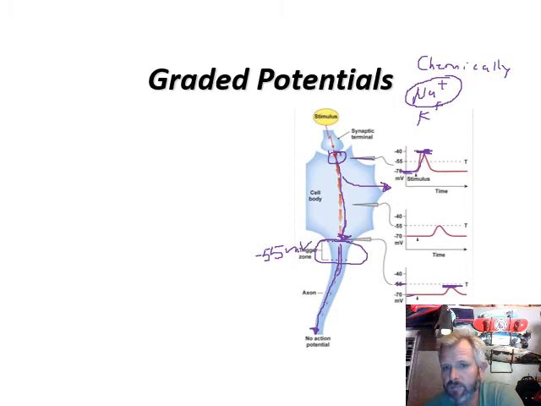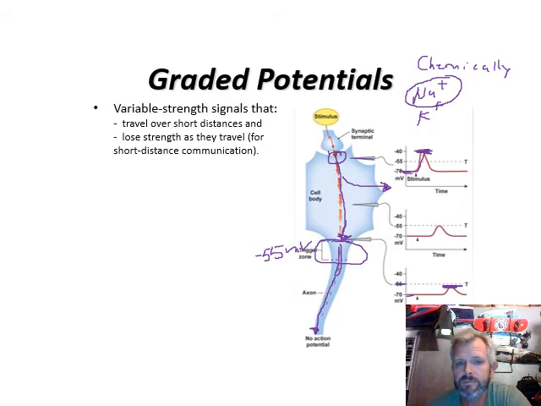It's not like here, down here. Okay, so this is showing you that these graded potentials, as they travel through the cell, are losing steam. Okay, they're meeting with resistance, and so they lose strength as they travel through the cell.